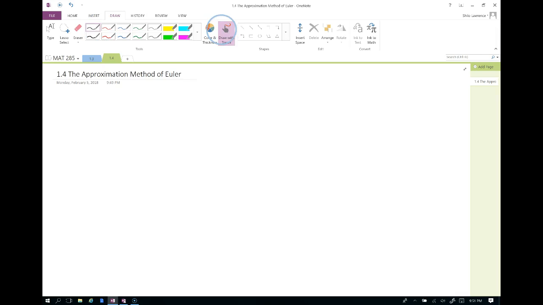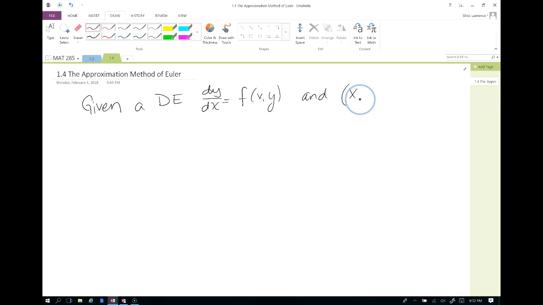If we are given a differential equation and an initial value or a boundary value, so say x sub 0, y sub 0. So we need to know some point on the solution function.